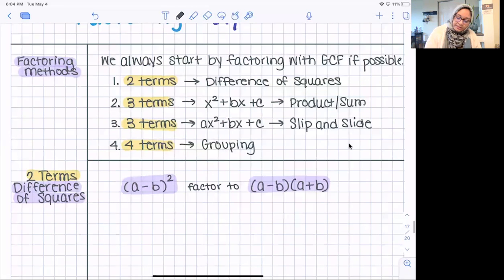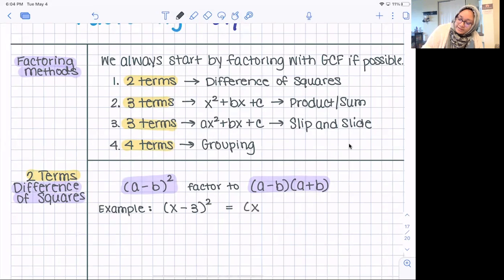So, to give you an example of this, if I had something like x minus 3 squared, I would factor it to x minus 3 times x plus 3. And that's it.